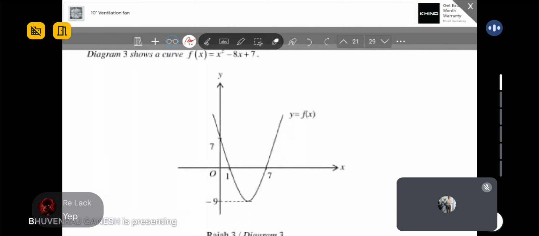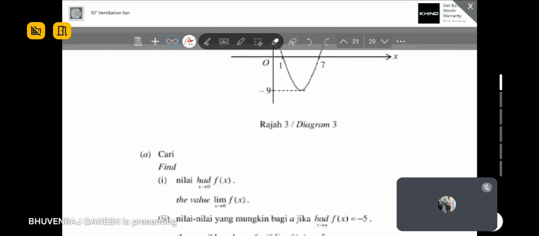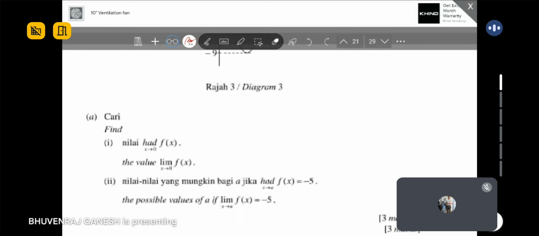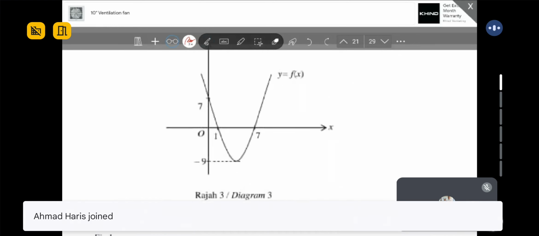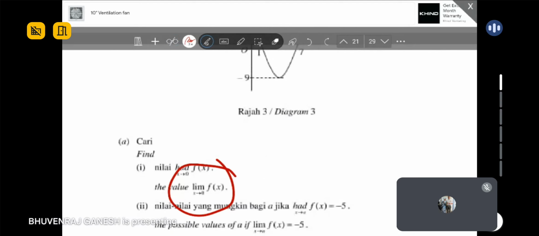Okay, so question 9. Okay, so we are talking on quadratic. Okay, fungsi quadratic. So they want you to find the limit of f(x). Kamu nak cari had yang ni. Okay, so can anyone tell the answer? A1.